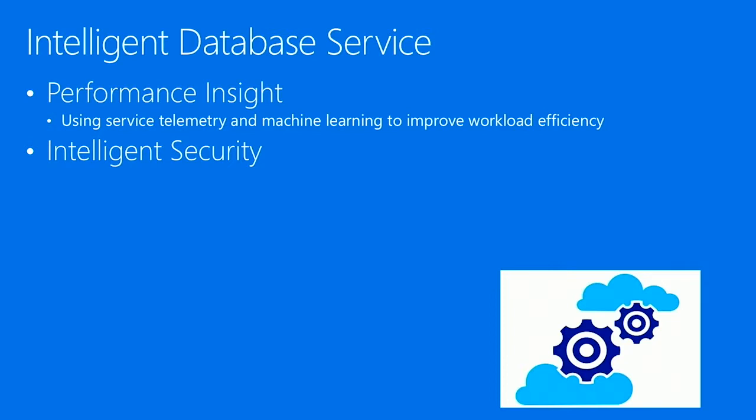We added a lot of intelligence into managing the database as a service, and we bubbled this up to help you get better performance automatically, using our data scientists and machine learning models to get better performance and reduce the cost. We also added intelligent security to help your database protect against threats and detect vulnerabilities before they happen.